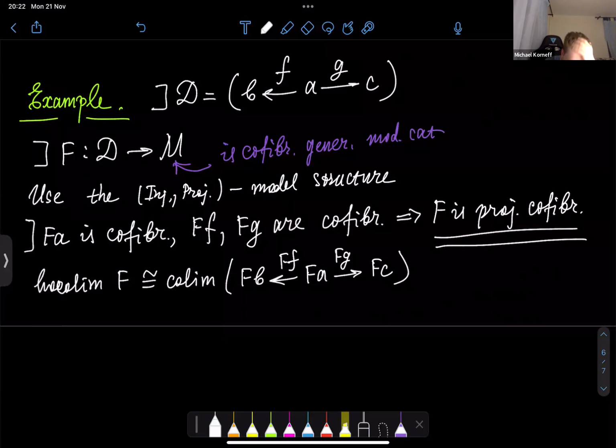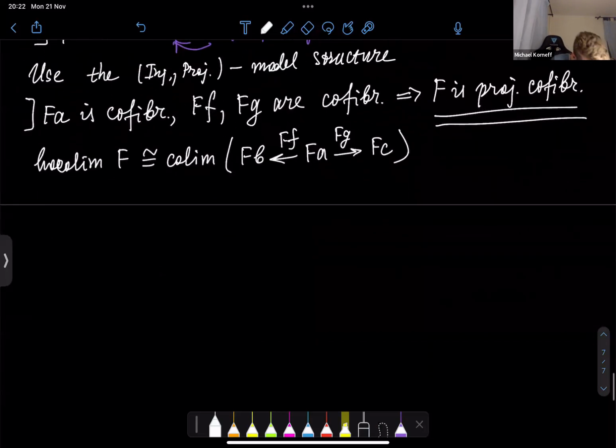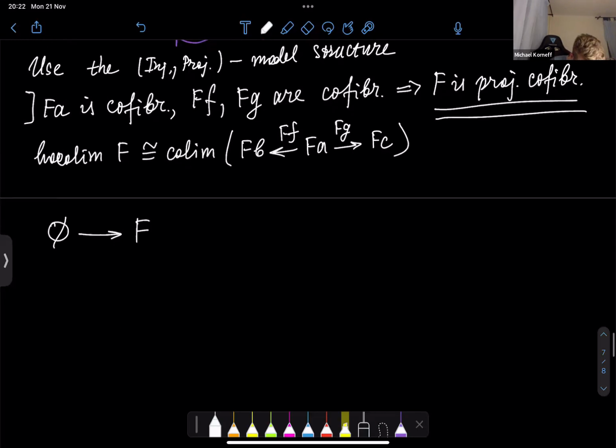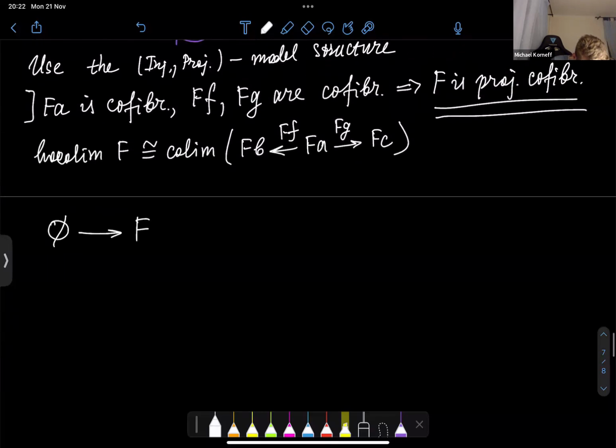Okay, so we decompose the map from the initial object to the functor F. We decompose it into three projective cofibrations. I draw the following diagram.